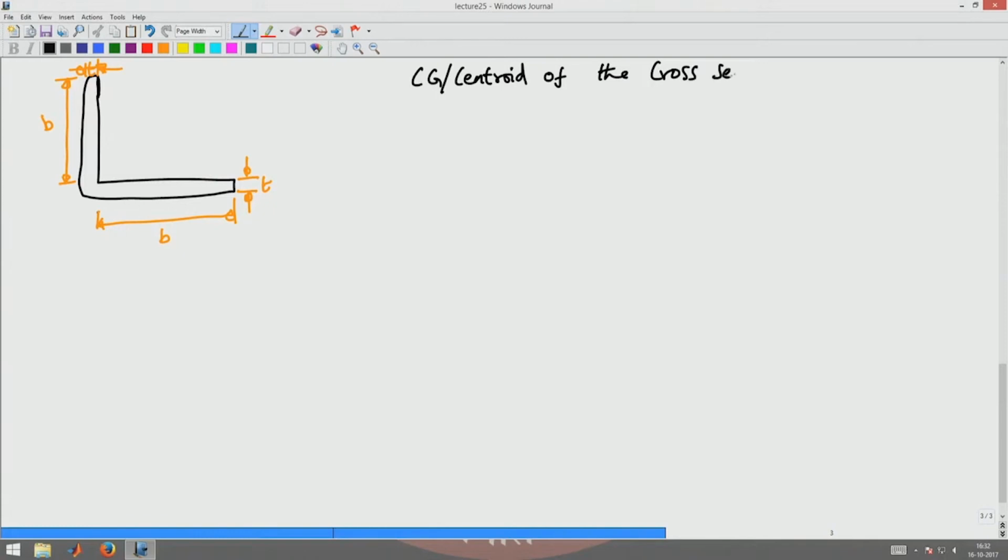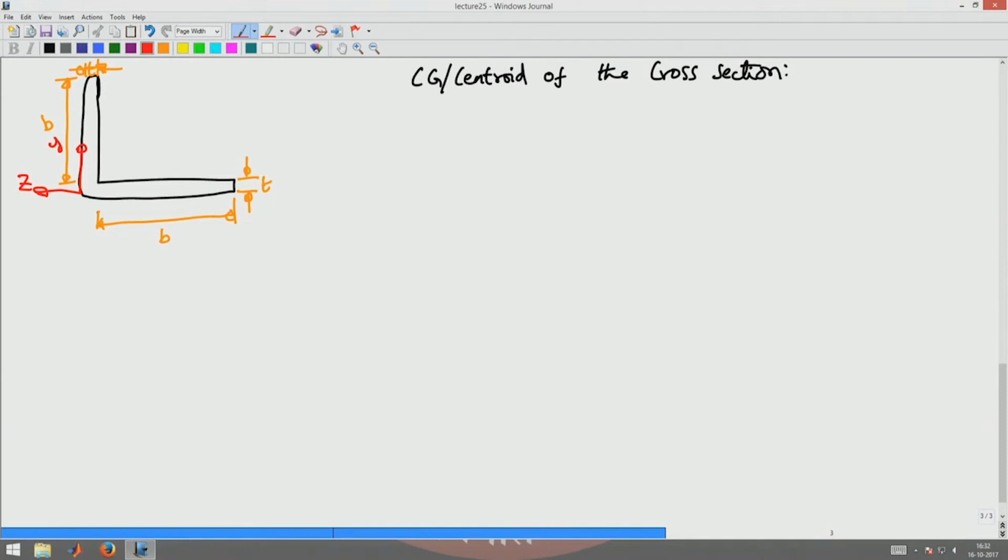Let us assume that initially your y and z axis is oriented like this. This is y and this is the z axis. With respect to this, I am finding the centroid of the cross section.